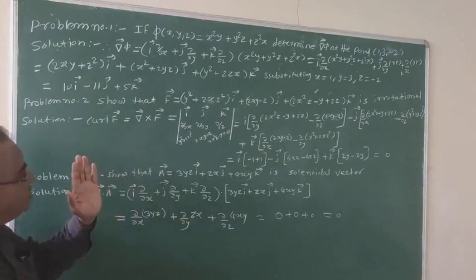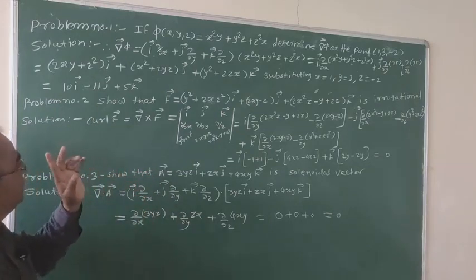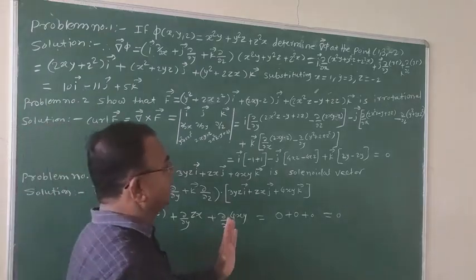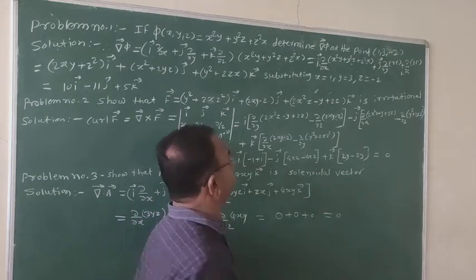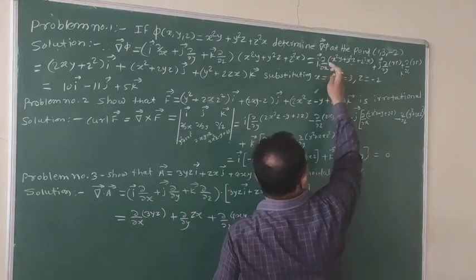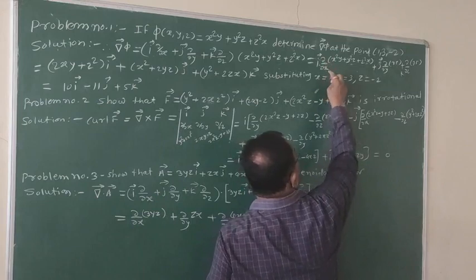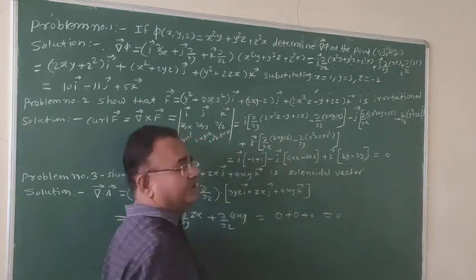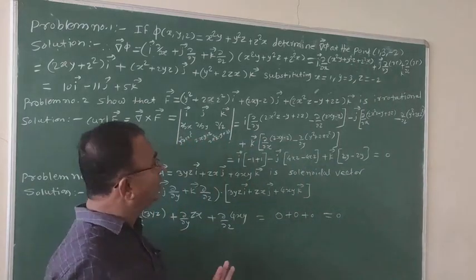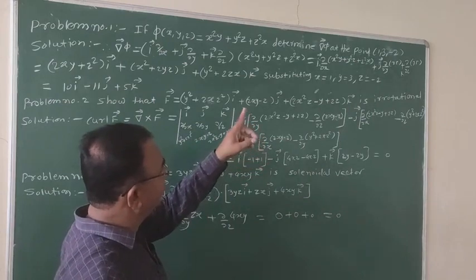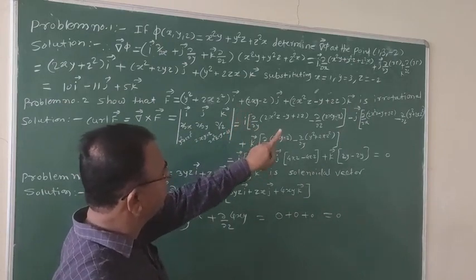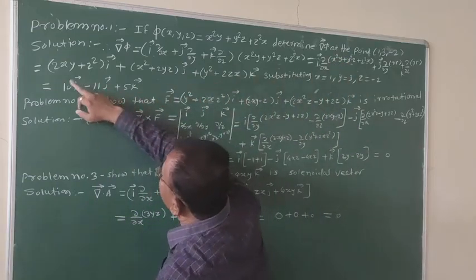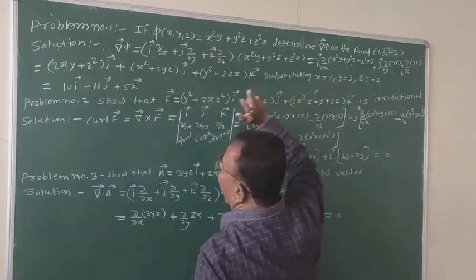law, and then solve each term step by step, taking the partial differentiation that we discussed in that particular chapter. Delta by delta x means that here x is the variable, other terms are constant. That means y and z are constant, and we take the partial differentiation with respect to x. Partial differentiation of x square y is 2x into y as it is.